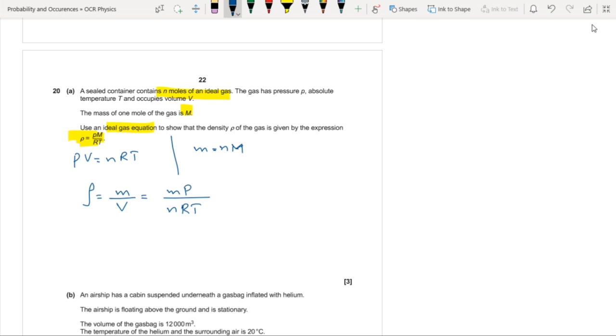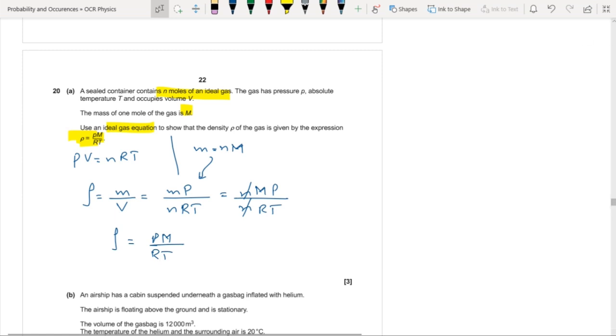Also, we would now plug in the expression of mass in terms of the number of moles from here. The number of moles would cancel out with the numerator, and we have the expression pressure, mass of 1 mole, R and T as required.